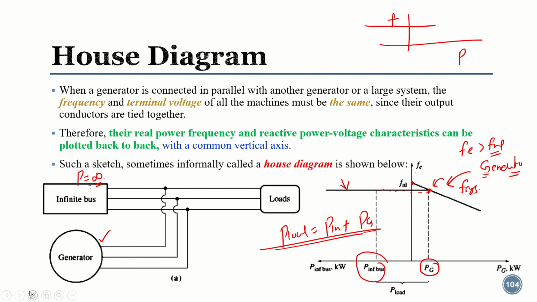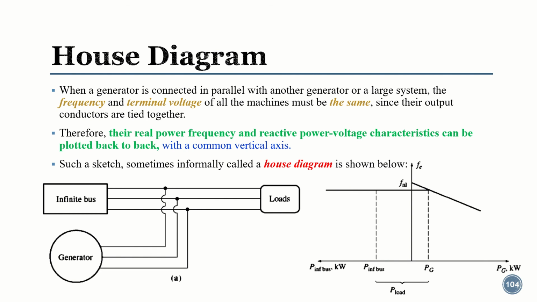Now what will happen, for example, if you are attaching a generator whose no load frequency is less than your system frequency? It means you are attaching one which is coming here like this. In this case, you are getting a negative power.